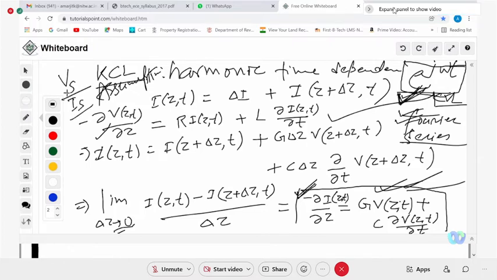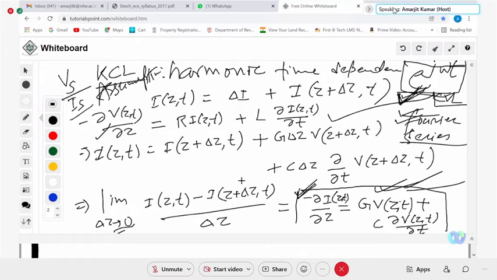So minus dVs/dz is equal to R Is plus L dIs over dt. In phasor form, ∂/∂t is equivalent to jω, because you have assumed e to the power jωt dependence.